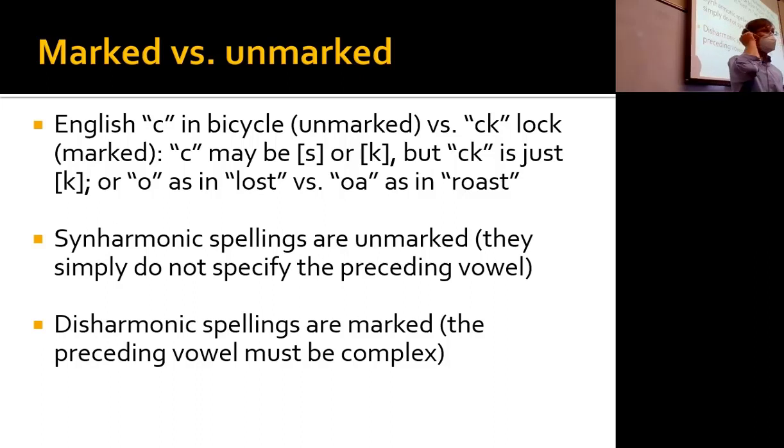But there are other ways to spell K in English, except they're not guaranteed, right? You have to know from context. Some of those Ks are actually silent Ks, and some of those Cs you actually pronounce as S. Or say lost versus roast. The O, sometimes it's O in English too, just letter O, but OA is a definite O. There's no other way to spell it.